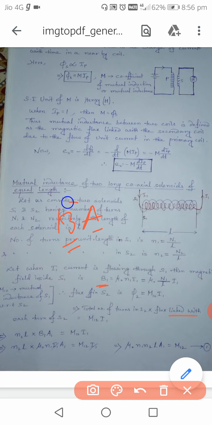But here the magnetic field is created by S1, because current is flowing through S1. That is why this B is B1, and the area I am writing is A1. Clear? This area A1 means the smaller one.